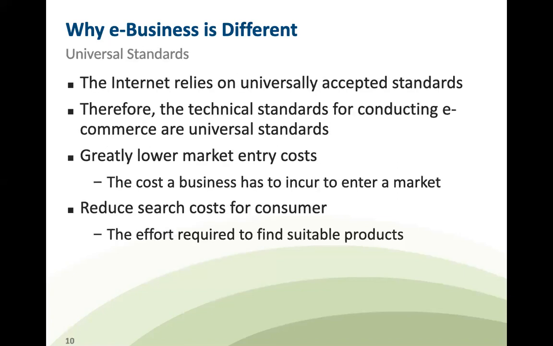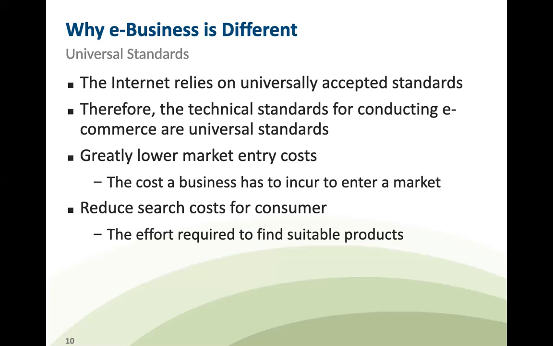Okay, then another fact on why e-business is different is universal standards. The internet relies on universally accepted standards, right? So when you are going to do online transactions, you have to do it through an online platform, and the internet relies on universally accepted standards.